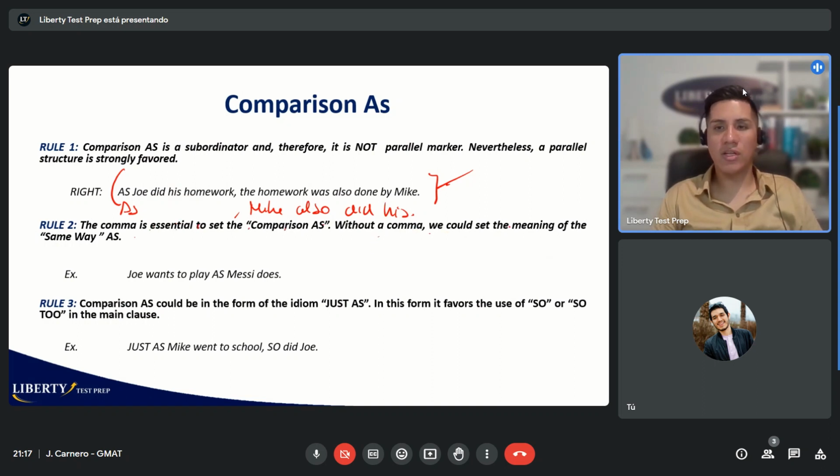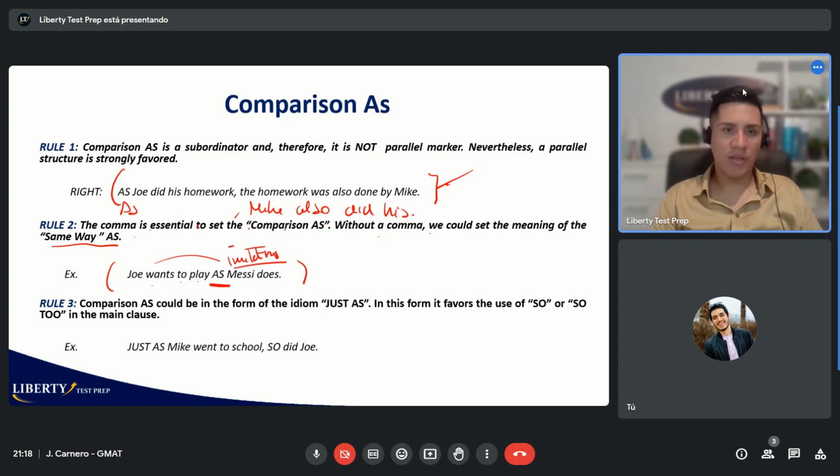Without a comma, we could change the meaning to "the same way as". The same thing happened with "like", right? If you don't have a comma, what's going to happen basically is that you would change the meaning from a comparison to an imitation. Example: "Joe wants to play as Messi does." If you don't have the comma, this means this guy is imitating Messi.